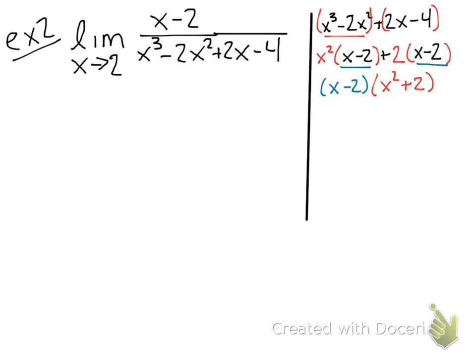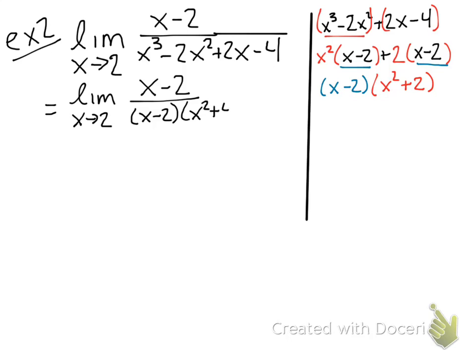So going back to the original problem, this is the limit as x approaches 2 of (x minus 2) over (x minus 2) times (x squared plus 4). We have our x minus 2 and x minus 2 divide out.